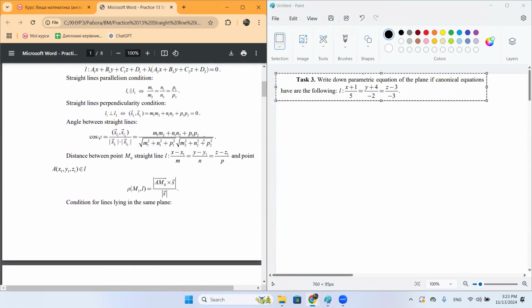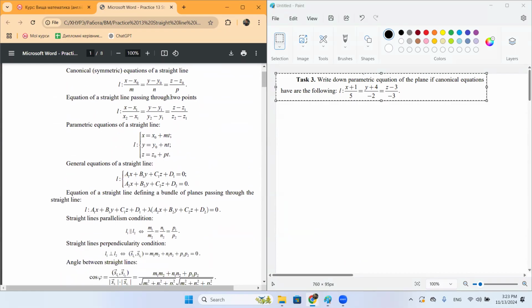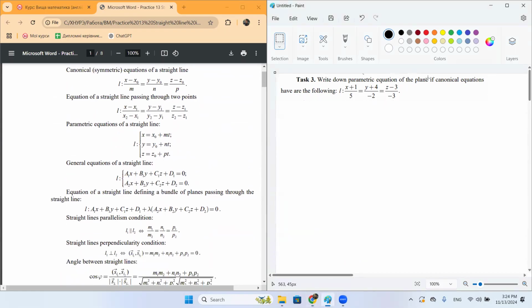If we look at the canonical equation, we basically have everything to transform. We have a point M with the coordinates -1, -4, 3, and we have direction vectors, so we can rewrite to this parametric form.